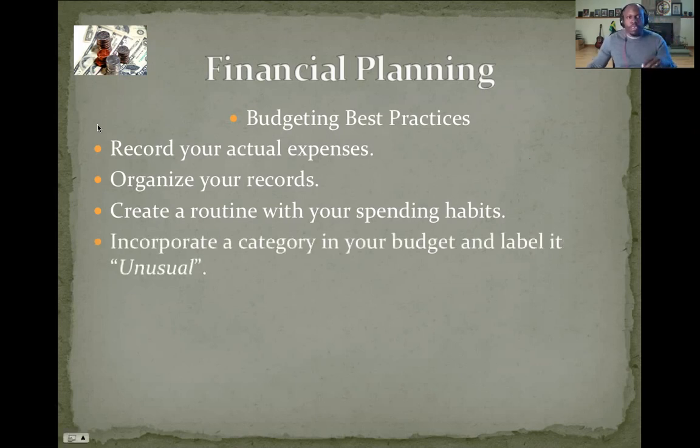Moving forward, incorporate a category in your budget and label it unusual. What does this mean? The category unusual is not the same as miscellaneous. Unusual is simply things that you spend on that you did not expect to spend on.